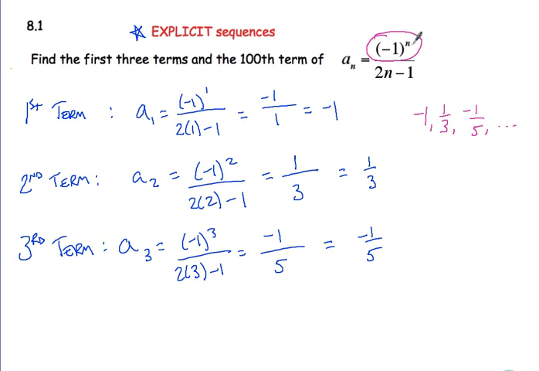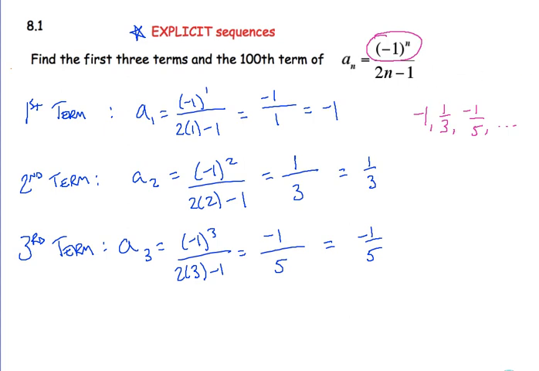But when this power is odd, a negative number to an odd power is negative. So that's the reason for the alternating sign. Later on, you'll take a list of numbers and have to write an equation. And if you notice alternating positives and negatives, try to involve this idea somehow of a negative 1 or a negative number raised to a power of like n, let's say.